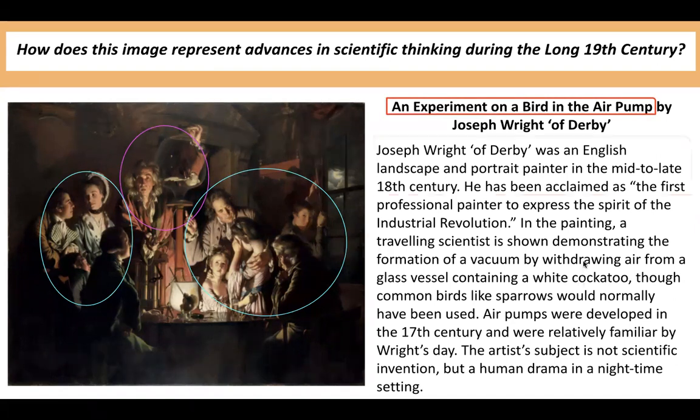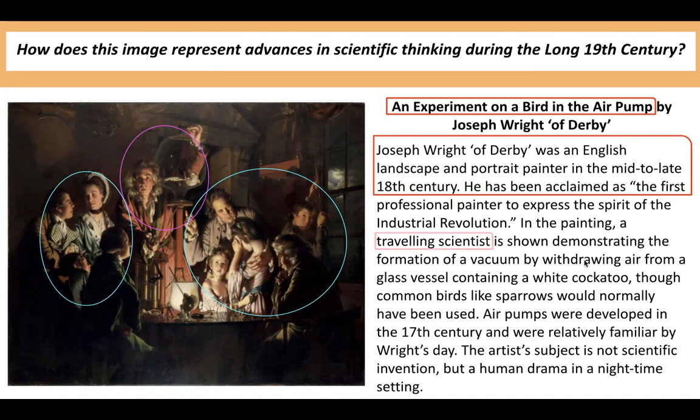And we also know that he was an English landscape and portrait painter in the mid to late 18th century. That tells us a lot. We're already seeing now this is during the scientific revolution and also part of the industrial revolution as well. And we see he's English, and we know his occupation too.